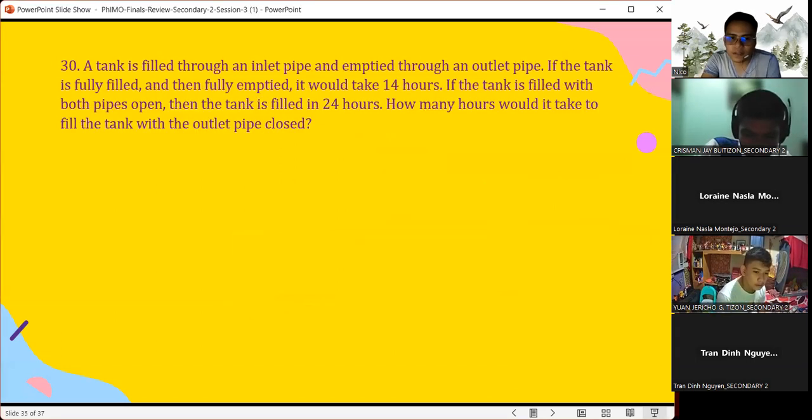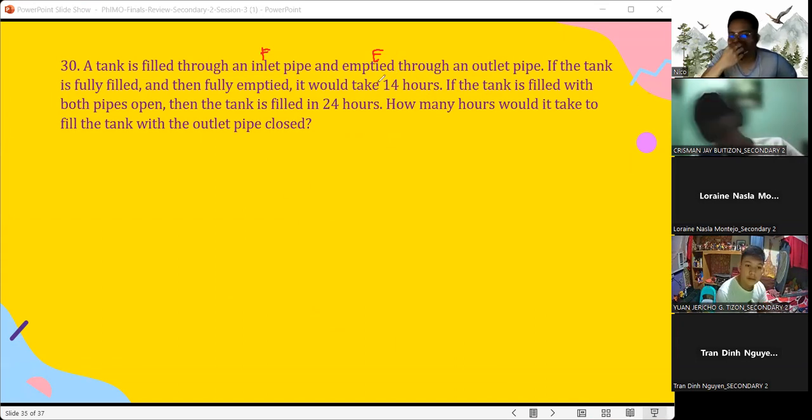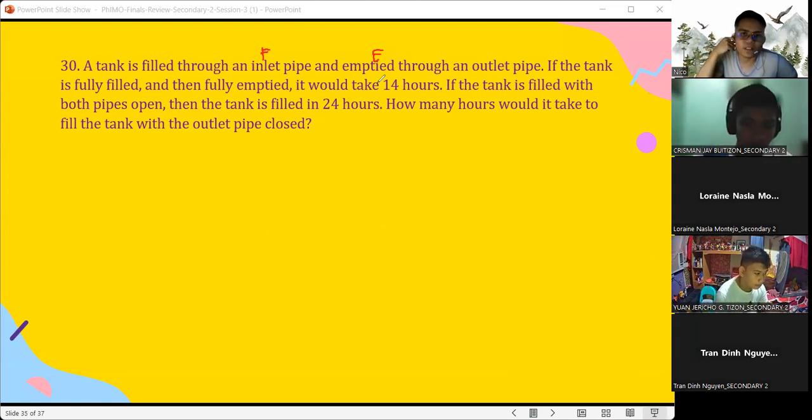Okay, let's have number 30. So my answer is still correct. A tank is filled by an inlet pipe and emptied through an outlet pipe. So meaning there's a filling pipe and an outlet pipe, right? This one is to fill, this one is to empty. If the tank is fully filled and then fully emptied, it will take 14 hours.